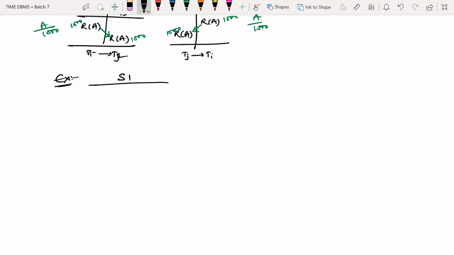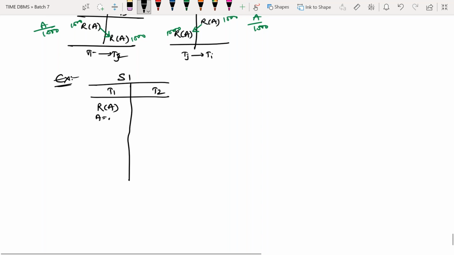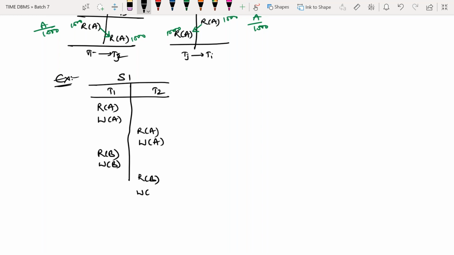Here I will give you an example. This is schedule S1 having two transactions, T1 and T2. The operations I am writing: read A, write A, read A, write A, read B, write B, read B, write B. This is a concurrent schedule, undoubtedly, because simultaneous execution is there.